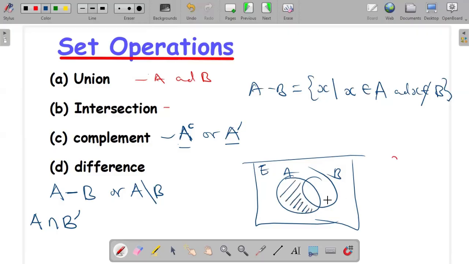So you leave out B because it's not in B, but it is in A. So this here is the set difference of A and B.